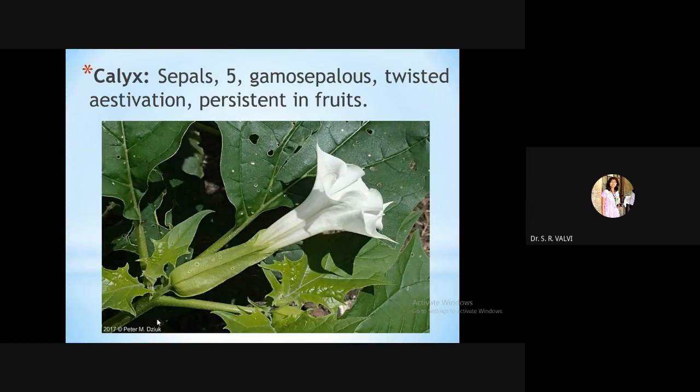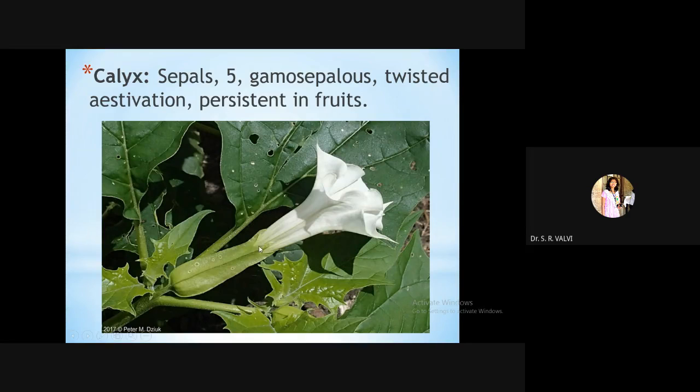So in case of this Datura, see here my pointer again. Here this is number 1, this is 2, this is the second calyx, this is third, and the rest of the 2 are behind it. It's not visible now, and I am unable to show all these 5 calyx to you. So just see here, we are observing 3 sepals and 2 are behind it.